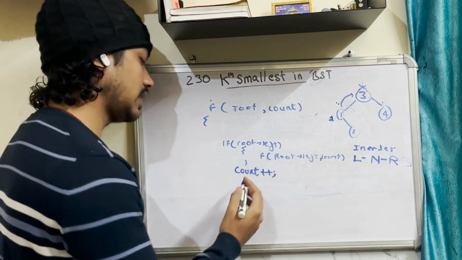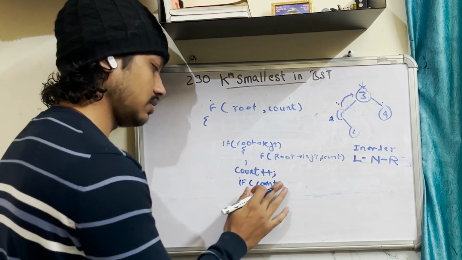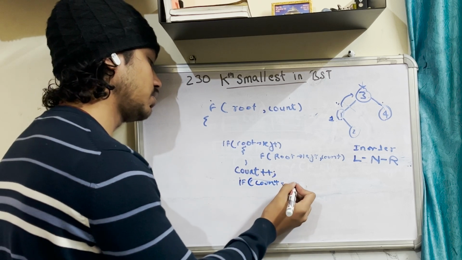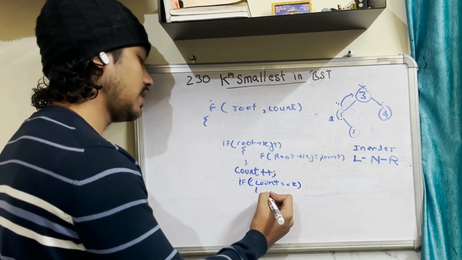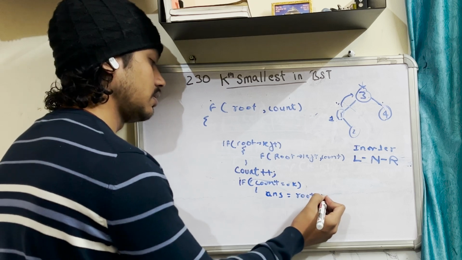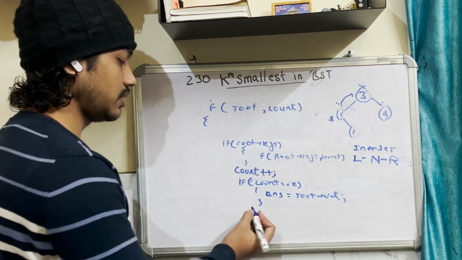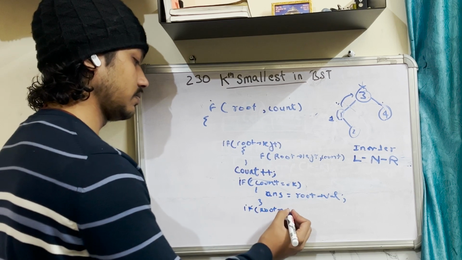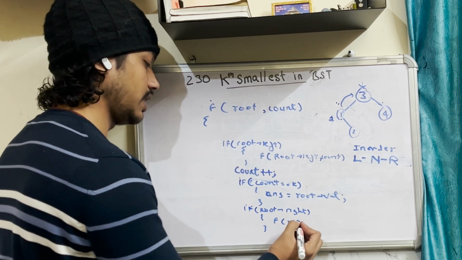So instead of checking at the right, we'll check if count == k, we'll simply return, or we can say we put the value somewhere, so I'll say answer = root->val. And next, we want to go to the right, so if right exists, we go to the right.